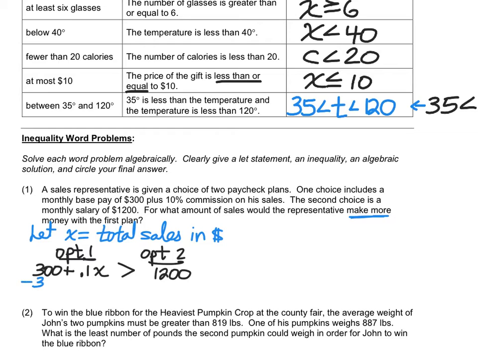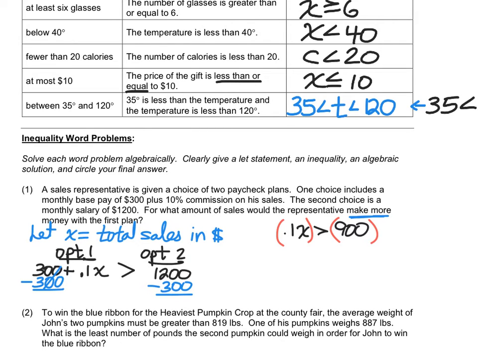So minus 300. We're looking at 0.1x is greater than 900. Now, I could divide both sides by 0.1, but I actually want to multiply both sides by something.